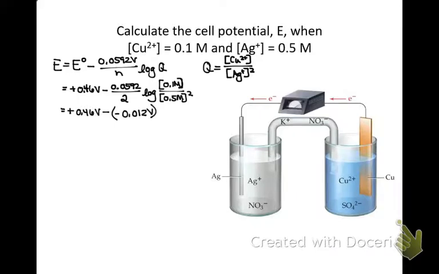Okay, so when I put all that together, I find that to 2 significant figures, I get 0.47 volts. So what we see here is that adding more silver relative to the copper makes our potential slightly higher, slightly more positive, but it's not a big difference. Okay, so changing the concentrations changes the potential, but it doesn't change it a whole lot.